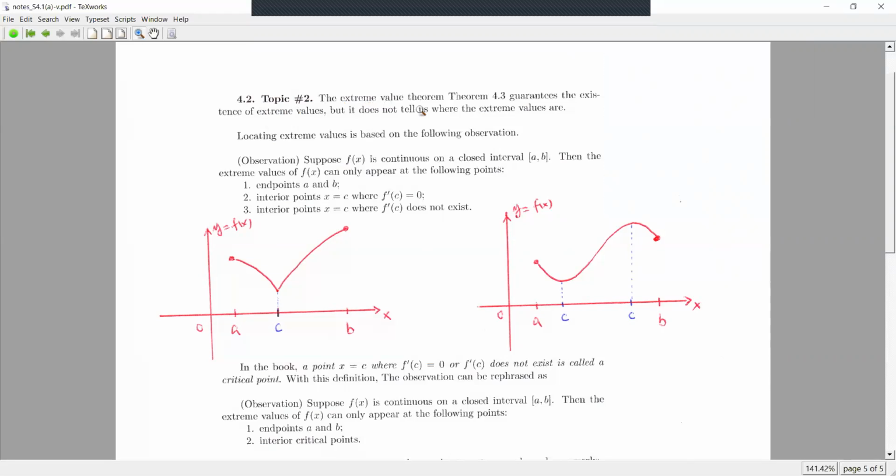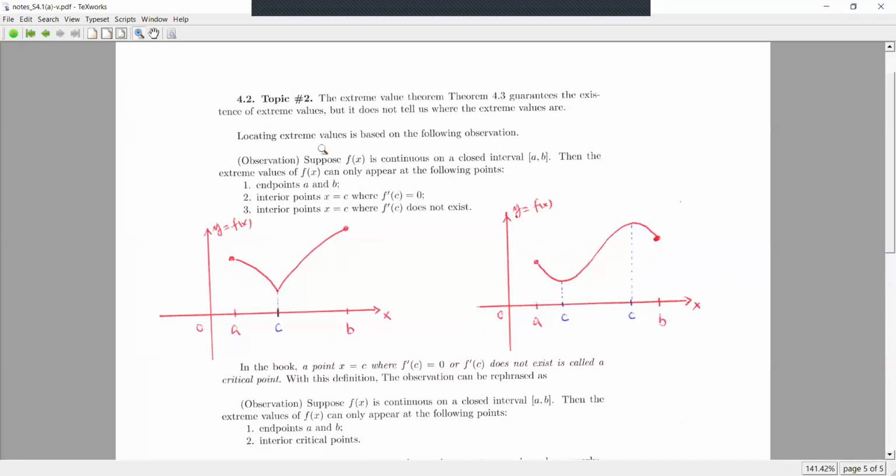The extreme value theorem in topic 1 guarantees the existence of extreme values, but the theorem doesn't tell us where the extreme values are. Now in this topic, I will tell you 3 steps to find extreme values.